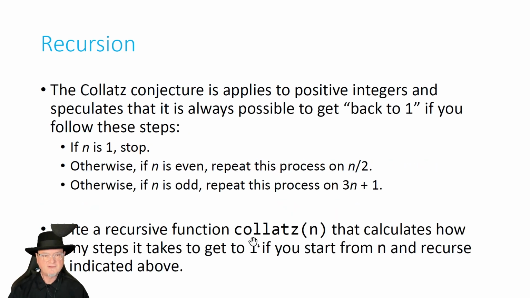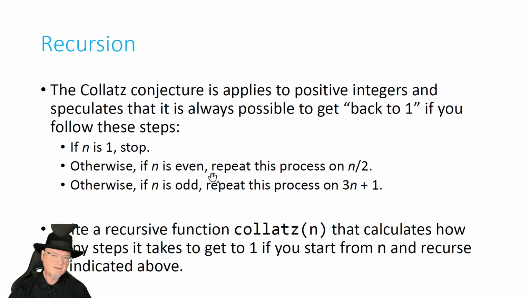Okay, so the Collatz conjecture is one. If you haven't heard of this, it's a very simple kind of idea, and it applies to positive integers, and it speculates that you can get back to 1 if you follow some steps. So whatever the arbitrary n is, we test it, and if n is 1, we stop.